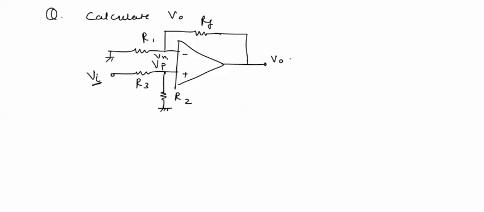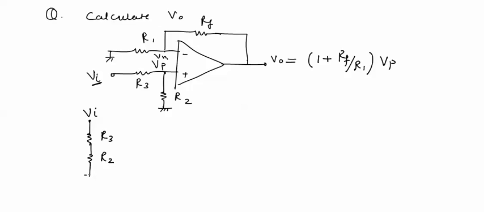This is a non-inverting amplifier, and we know that for a non-inverting amplifier gain is 1 plus Rf upon R1, and output is V naught equal to gain multiplied by the voltage at the non-inverting input Vp. Vp can be found by solving this network which has resistances R2, R3 and voltage source Vi, and this end is grounded. This point has potential Vp.